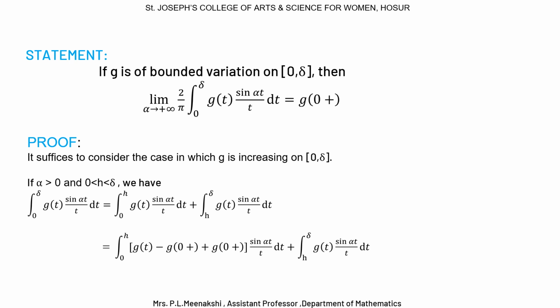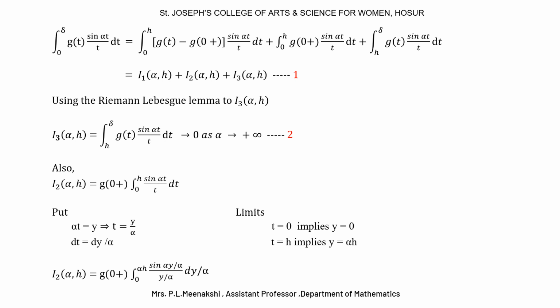So we get the integral from 0 to h of [g(t) minus g(0+) plus g(0+)] sin(αt)/t dt. Next, we split this integral into the integral of [g(t) minus g(0+)] sin(αt)/t dt, plus the integral from 0 to h of g(0+) sin(αt)/t dt, plus the integral from h to δ.